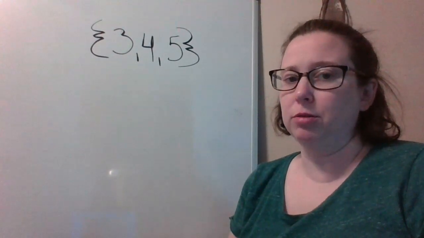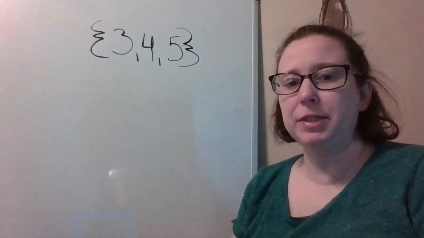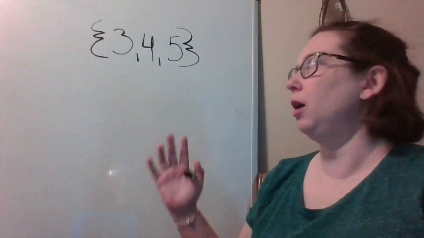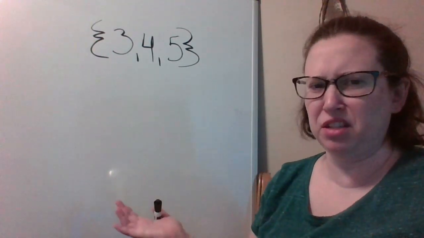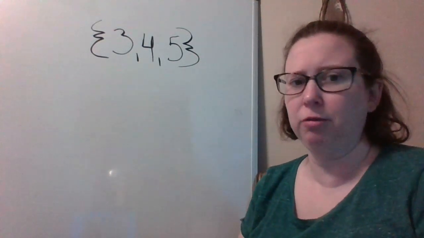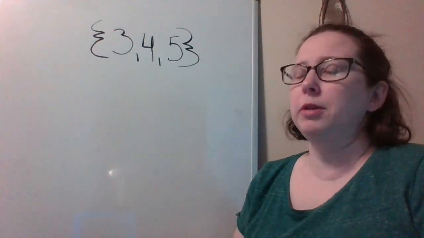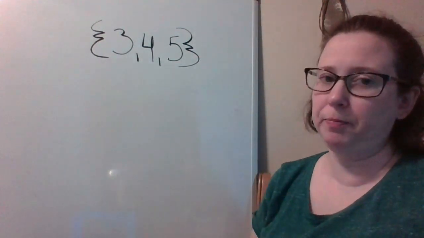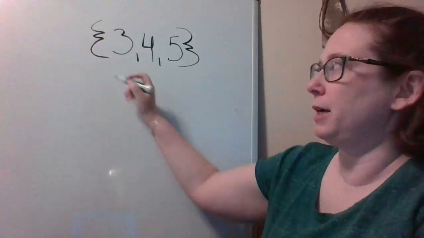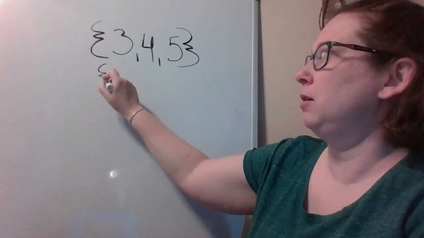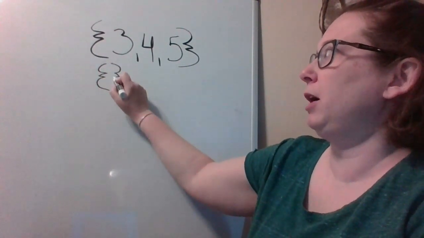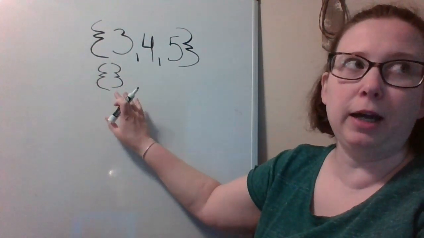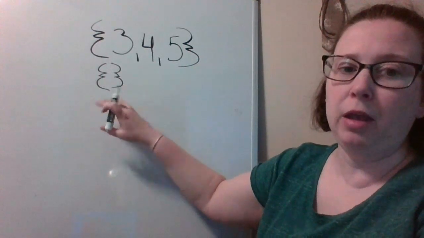3 is about listing out all of the subsets for a set. So when you do this, obviously we have subsets that are 3, 4, and 5. A couple not so obvious subsets: with every set, one of your subsets is actually the empty set. So I highly recommend you list the empty set first because that is an easy one to forget.